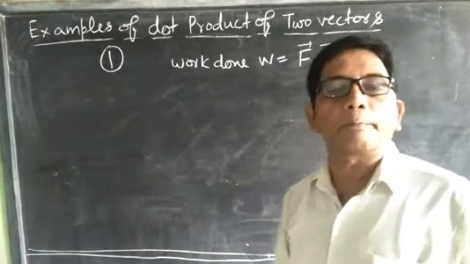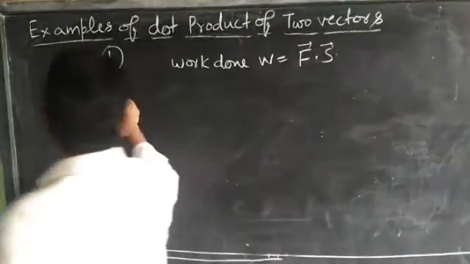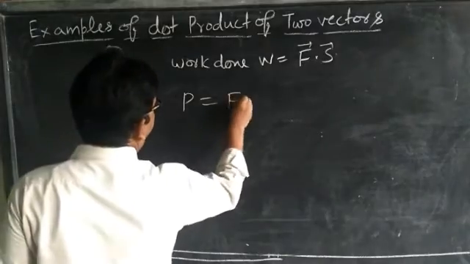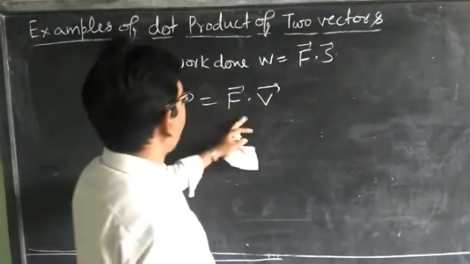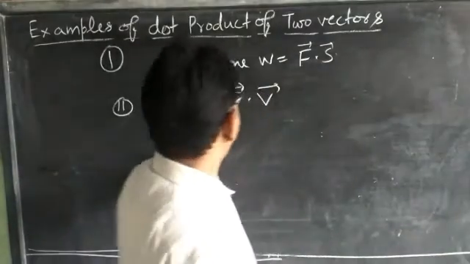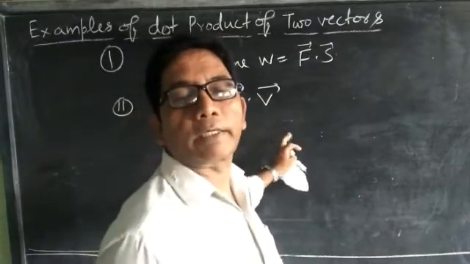Now the second example, instantaneous power. Instantaneous power P is equal to F dot V. We have already discussed this. Instantaneous power is the dot product of the force vector and the velocity vector.